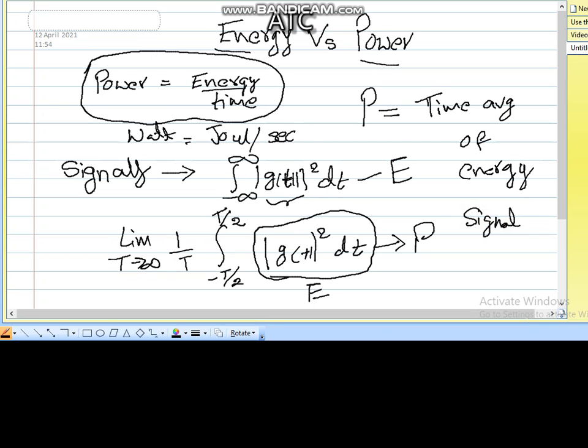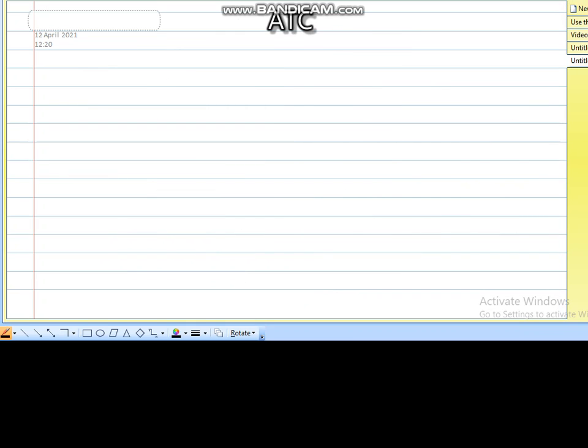Why are we so confused about which is an energy signal and which is a power signal? Let me define it another way. If the energy signal is x(t), then we calculate the power signal.